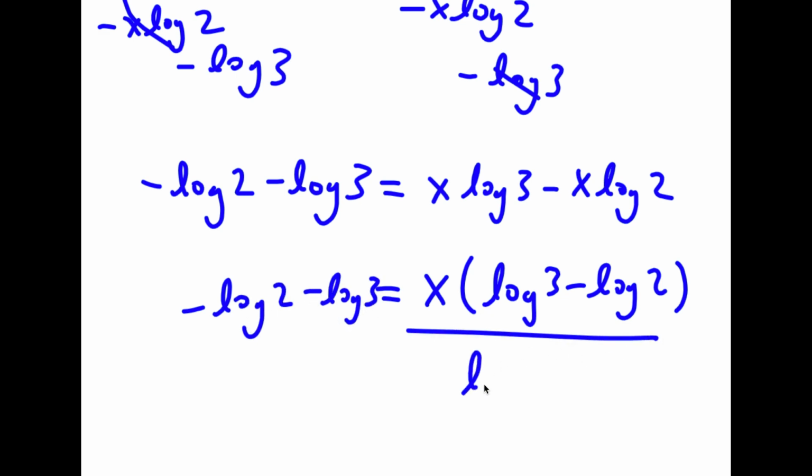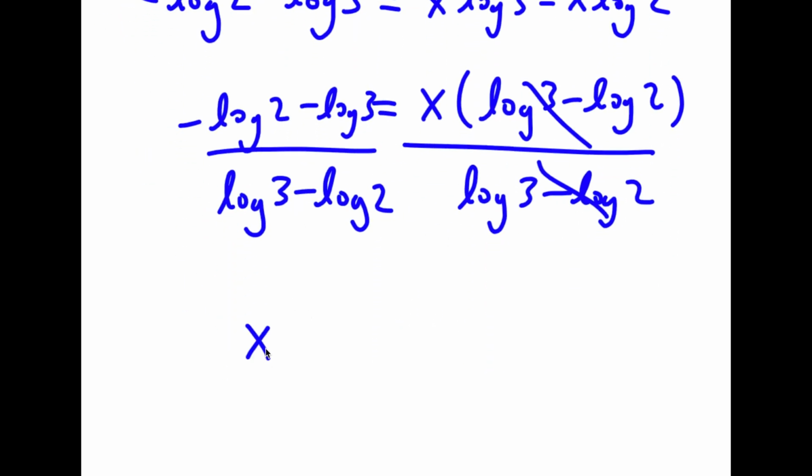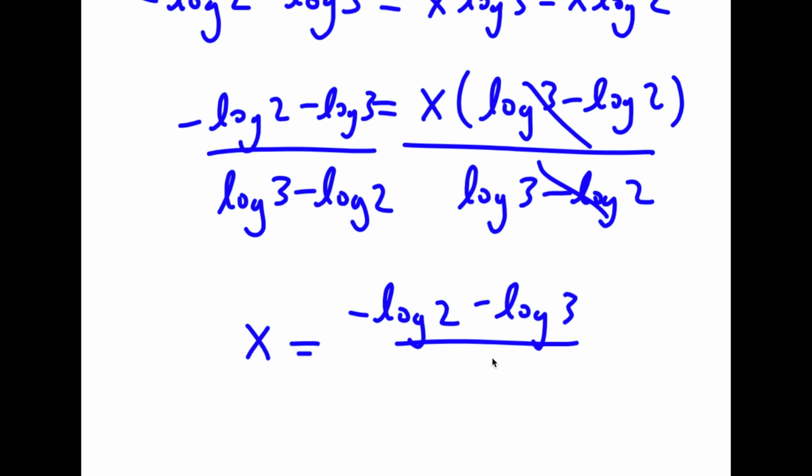If I divide both sides by log 3 minus log 2, I have x is equal to negative log 2 minus log 3 over log 3 minus log 2.